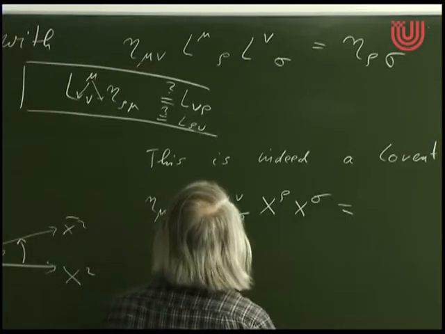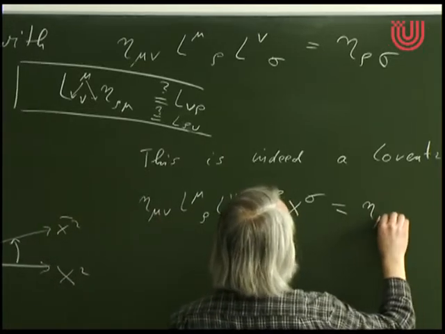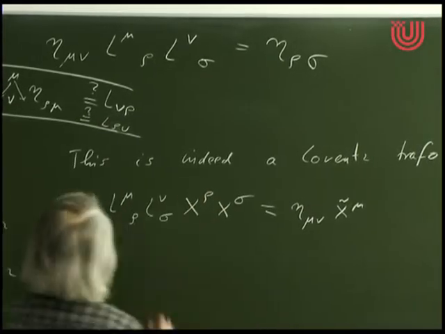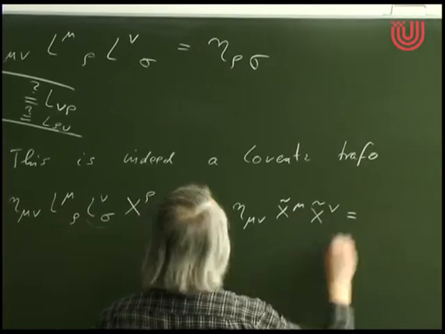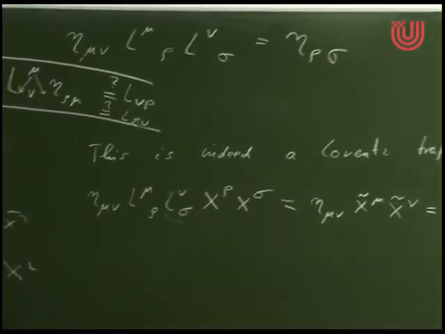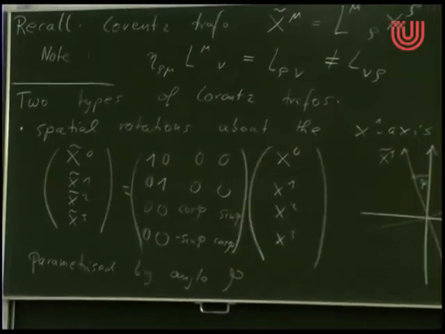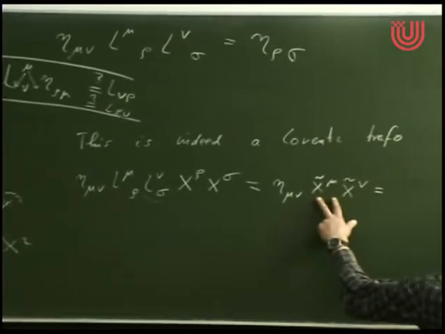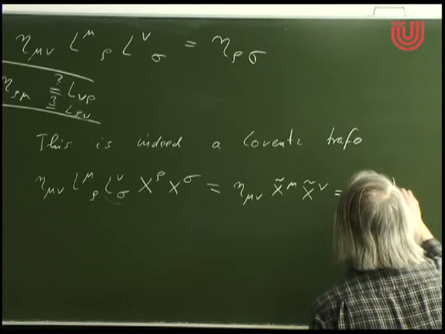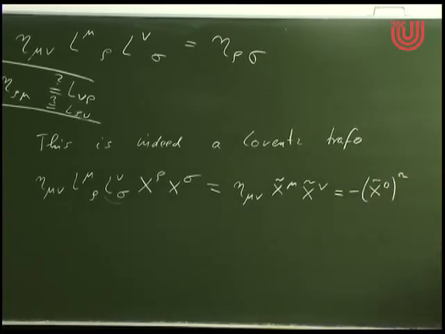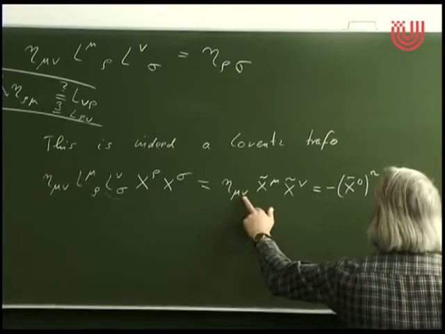So, okay, this here times this gives the x mu tilde. So this is x mu tilde, and this times this gives x nu tilde. And now I read the values of the tilde coordinates from this matrix equation. So this begins with eta naught naught, x naught tilde, x naught tilde. So this is just minus x naught tilde squared, right? The mixed terms are 0. So I only have terms where these two indices are equal.